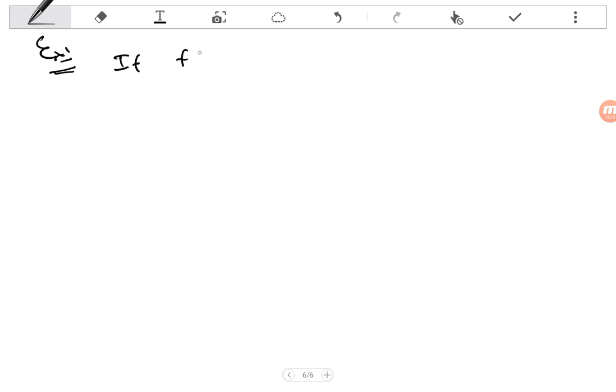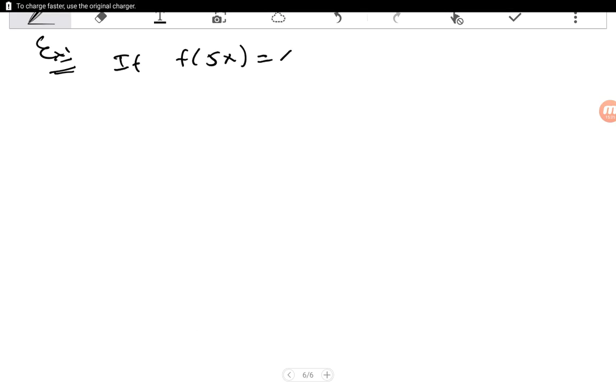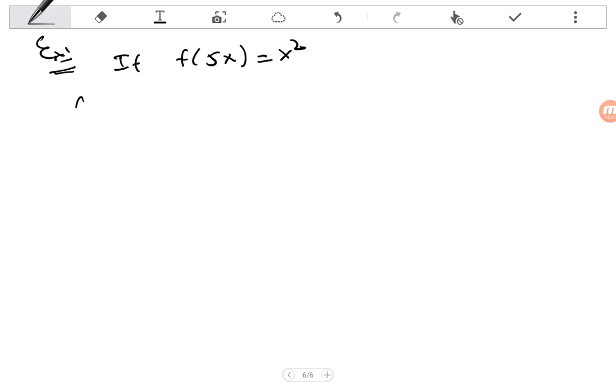Okay? Now let's see that example. Given that f of 5x is equal to x squared, find f of x. How do we determine what f of x is? f of x is the function.